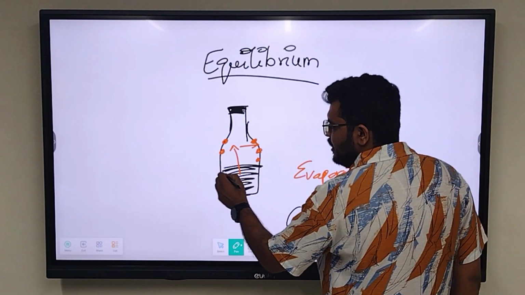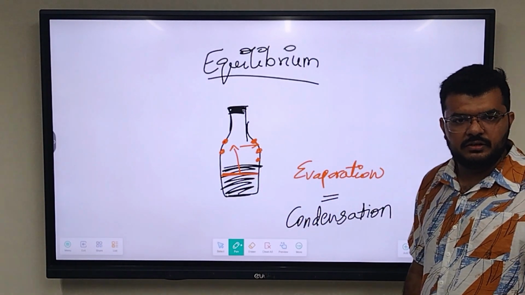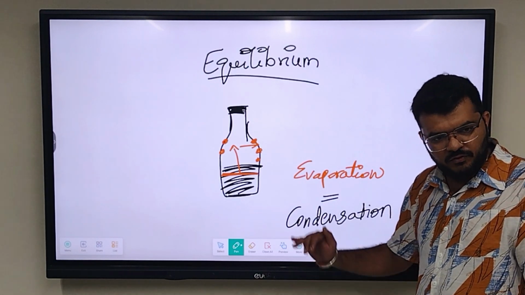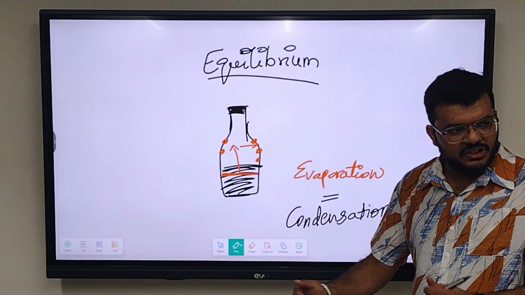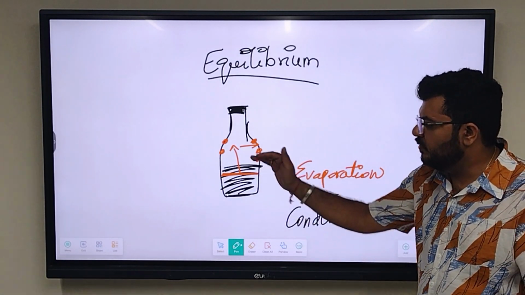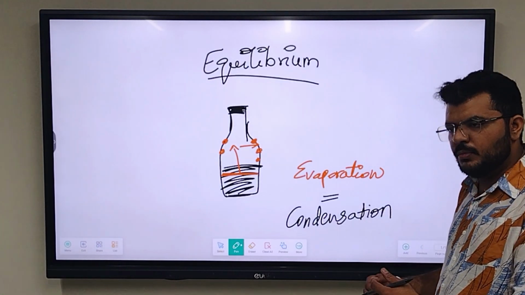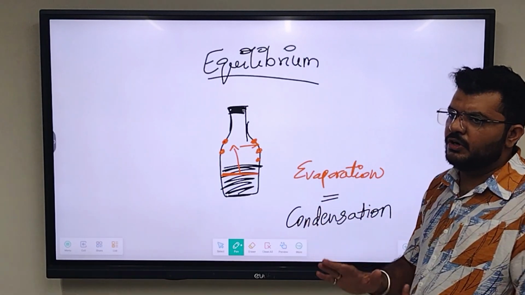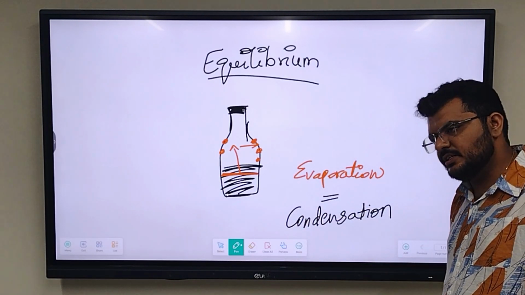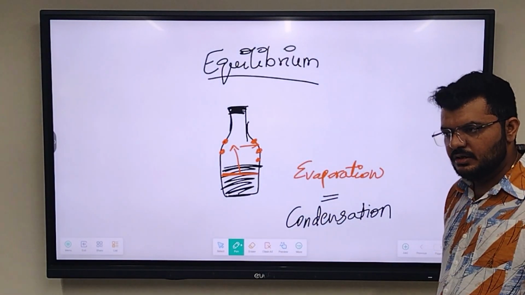After 1 day, probably this will be the level of water. But once that equal rate of change has been reached, the water level does not fall anymore. The number of particles evaporating is equal to the number of particles condensing. Does this make sense?